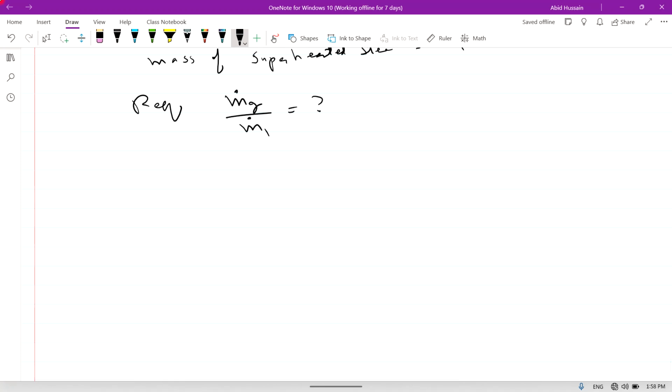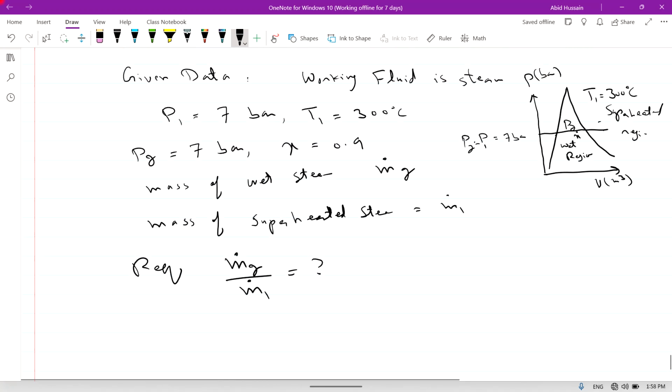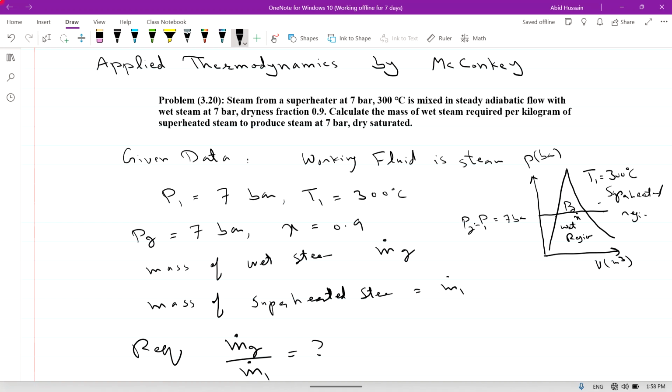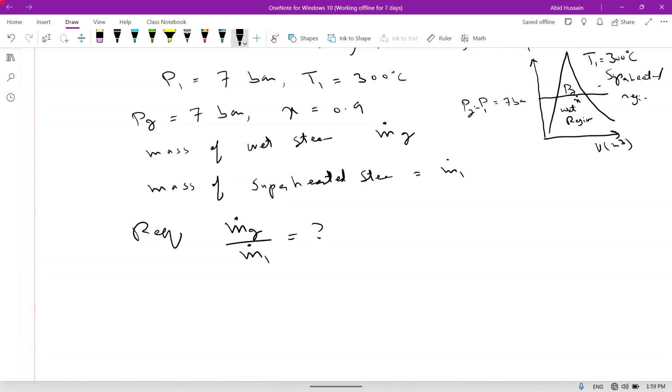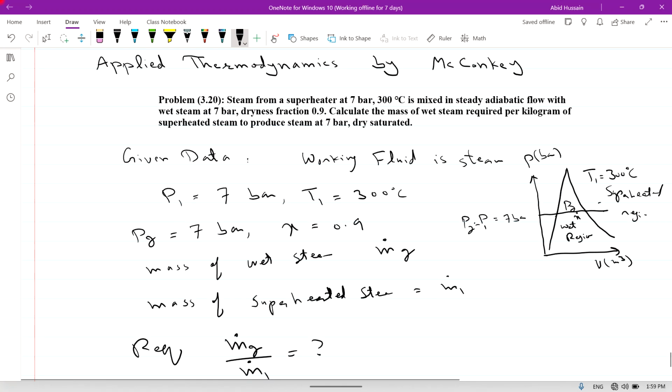Now the solution. To produce steam at 7 bar dry saturated, we mix the steam from the superheated region and the steam from the wet region, and the result of the mixture will be dry saturated.